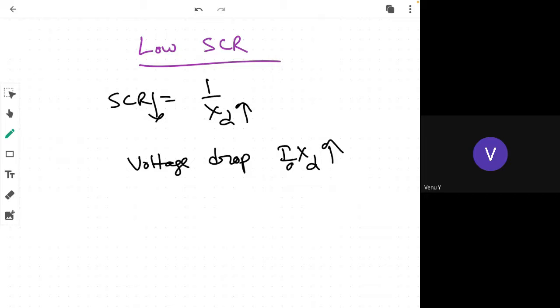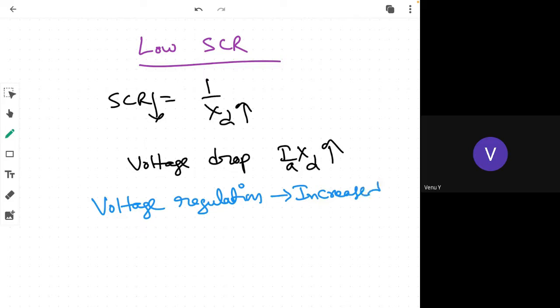When the voltage drop is increased, naturally voltage regulation has been increased. This is the second point of low SCR.